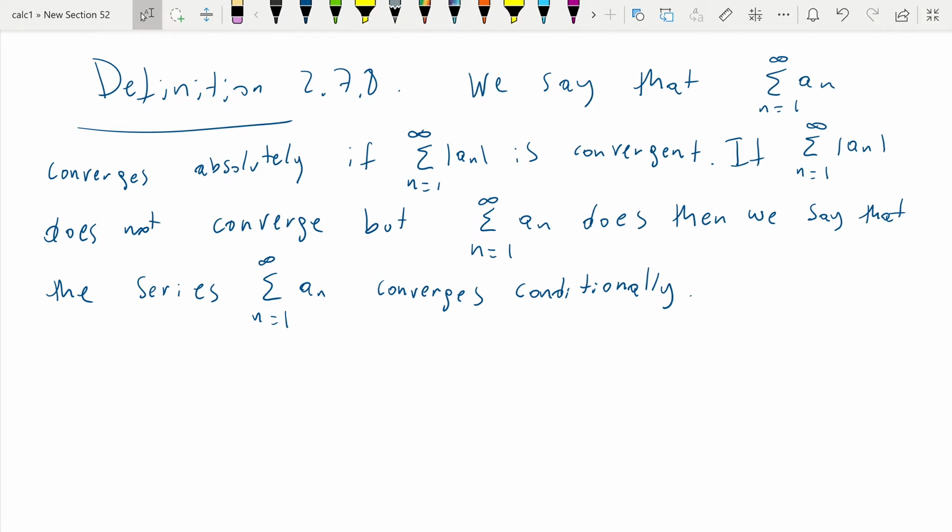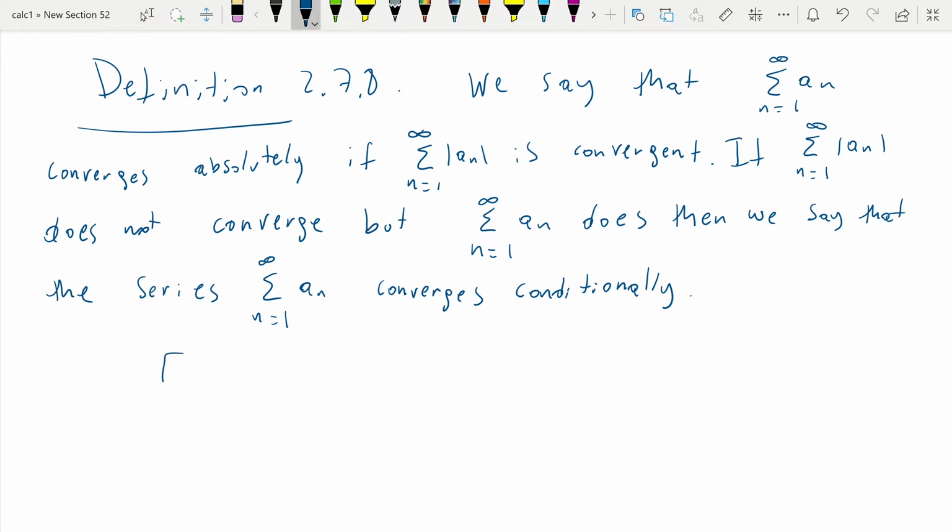So for instance, again, the typical example, the alternating series of minus 1 to the n plus 1 divided by n. If you add all these things, this converges conditionally, and here order matters. So this converges conditionally because the sum of 1 over n does not converge.